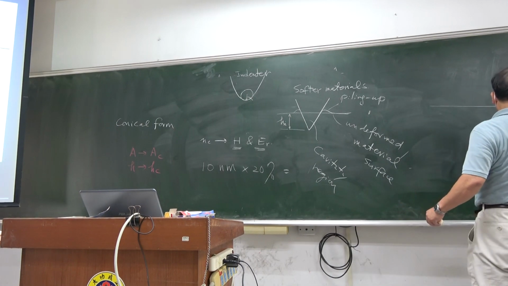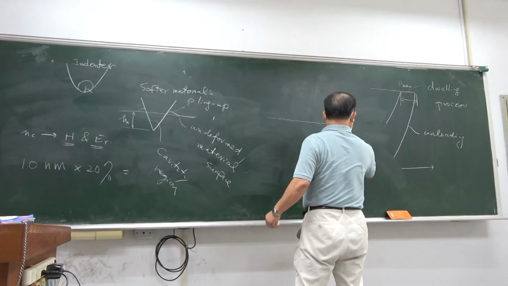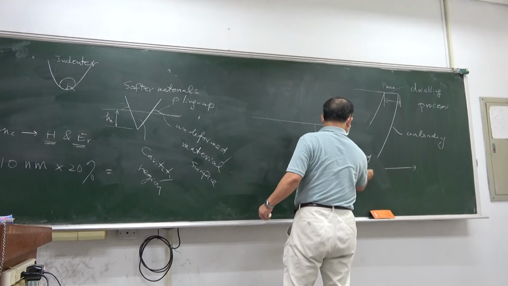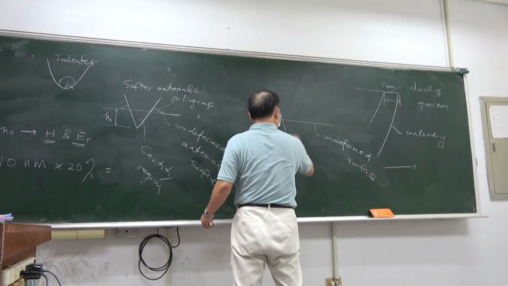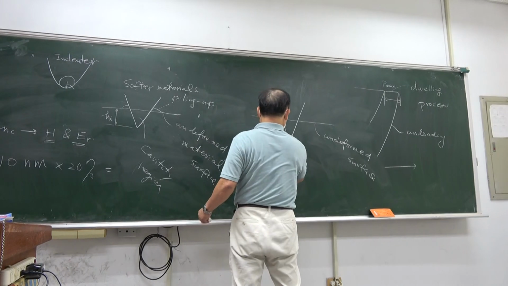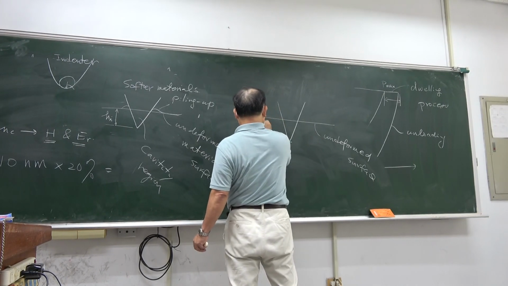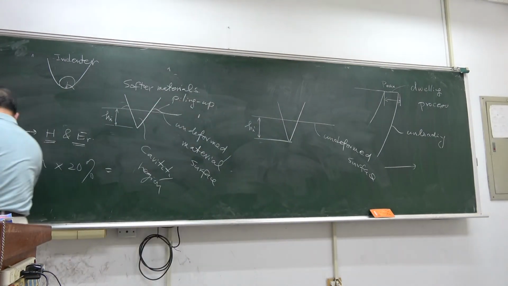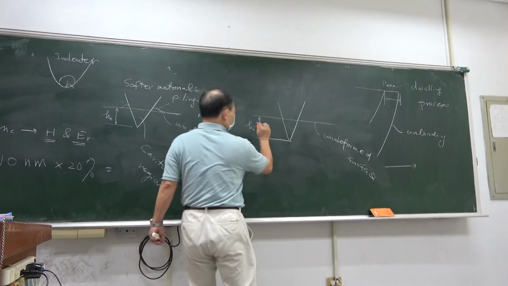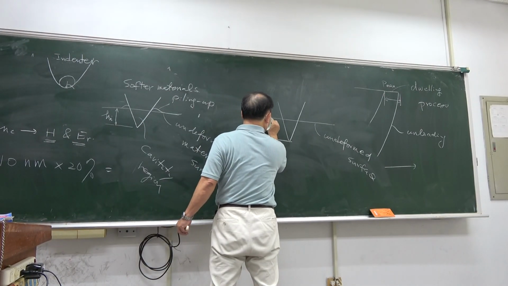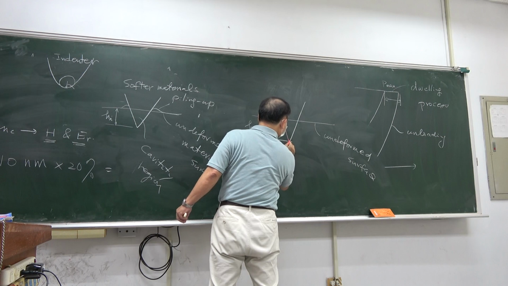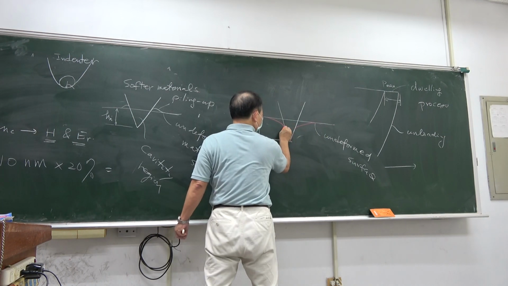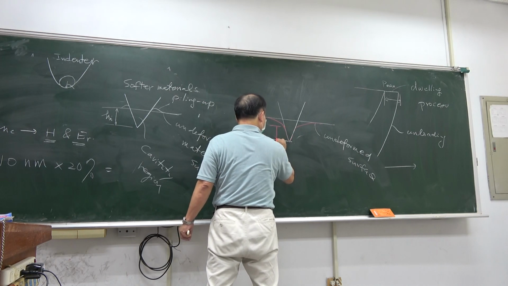This is the undeformed surface, and then we have the indentation depth, which we call HI. Then your material substrate, your sample, has a surface that looks like this. This is what we call the contact depth, HC.